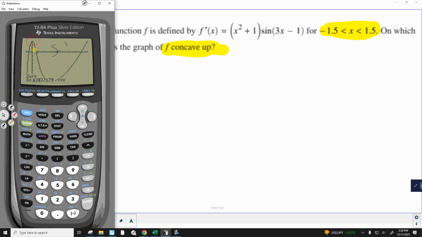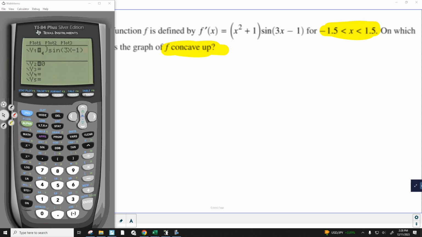Calculus is going to help you. The calculator will just show you. Calculator is not going to give you your answers. Your calculus knowledge will give you your answers. Don't press graph.